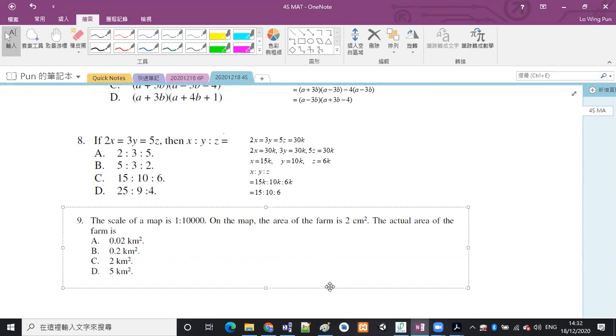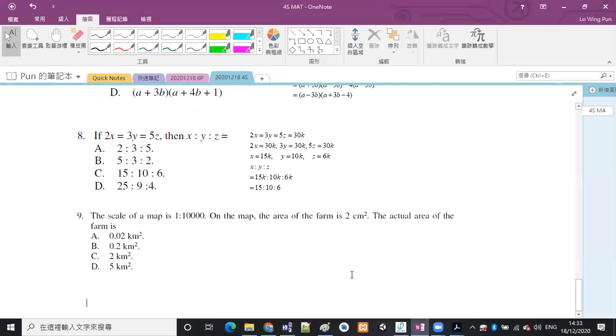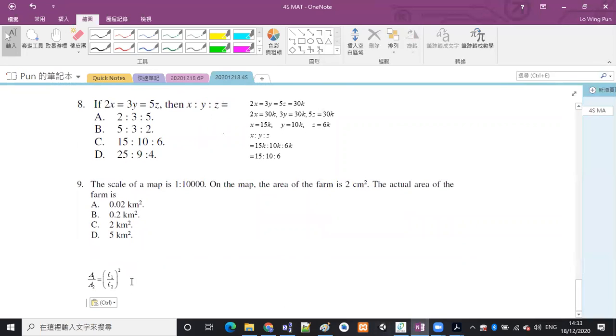Just remember that for this type of question, we always use this. A1 over A2 is equal to L1 over L2 square. Okay, area ratio is equal to the length ratio bracket square.